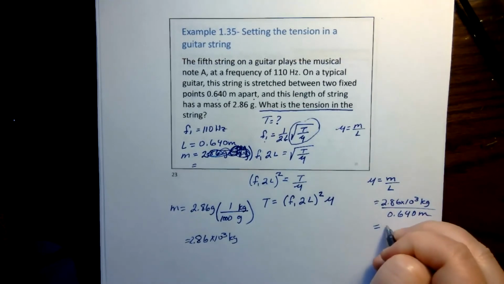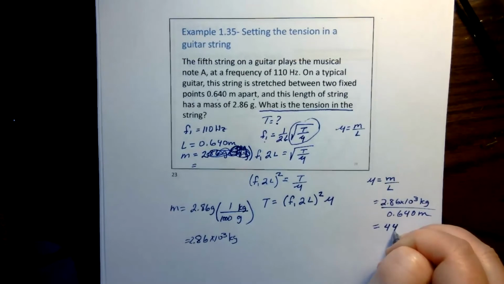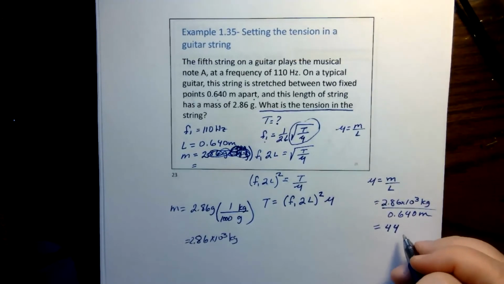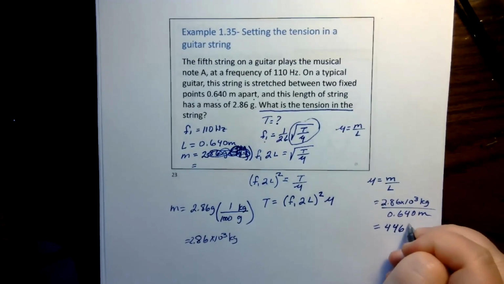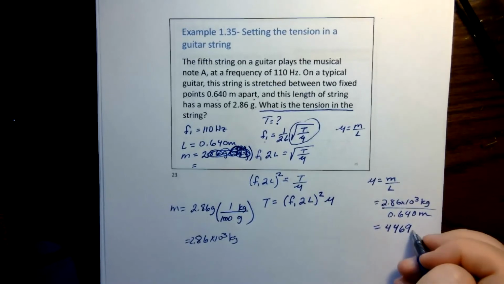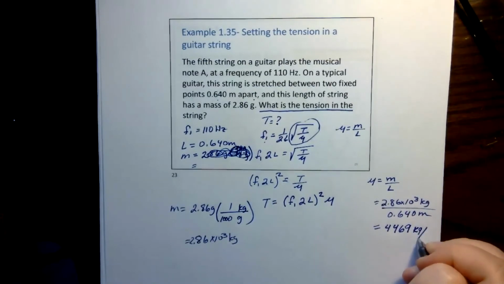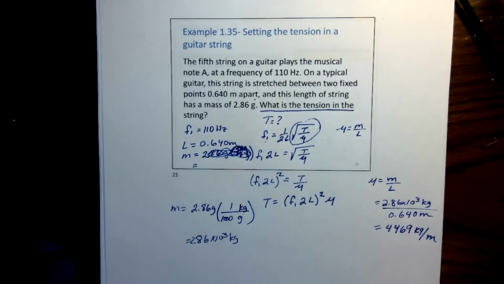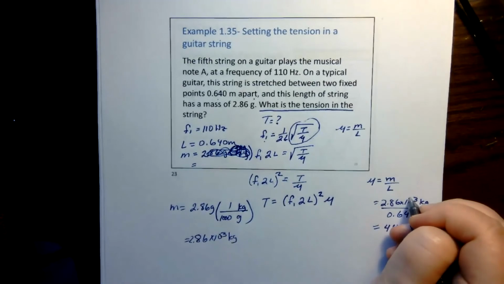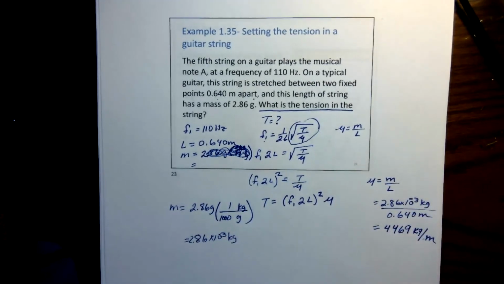That gives 4,469 kilograms per meter. Except, let's try that again with the negative 3.